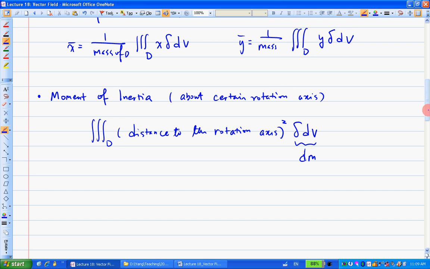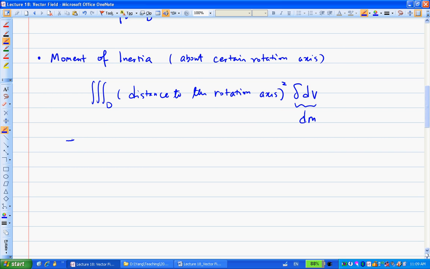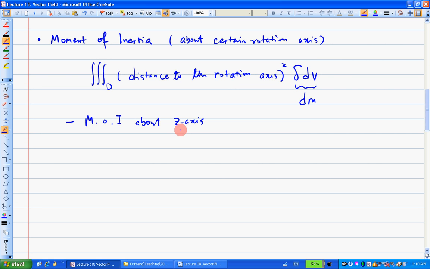But we do have a couple of special cases. We have the moment of inertia about the z-axis, or about x, or about y, it doesn't matter. If it's about the z-axis, I'm going to use this formula.